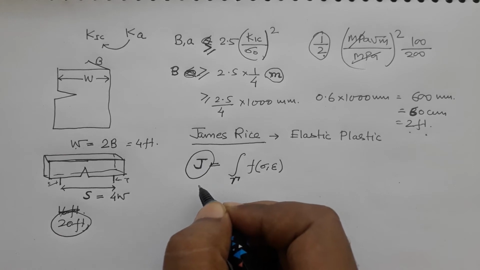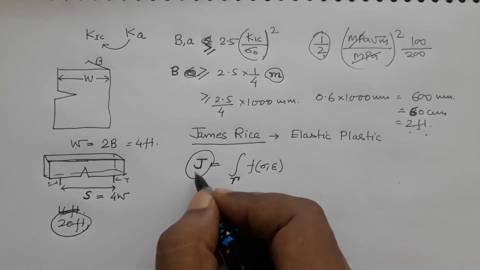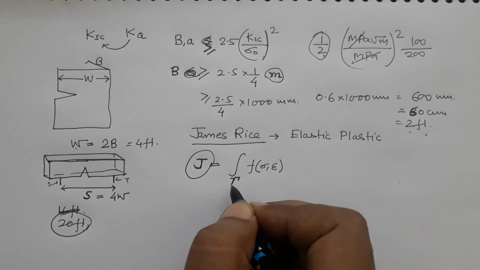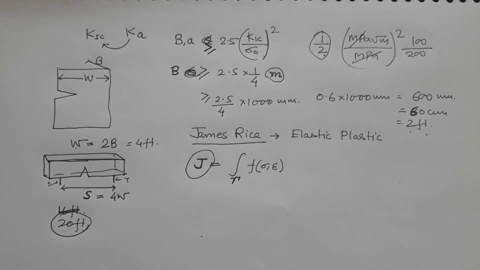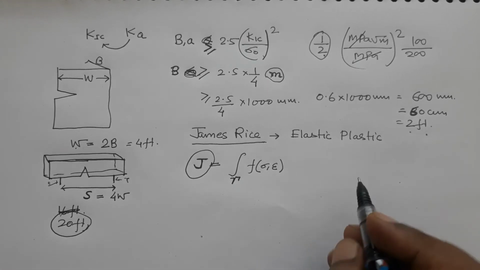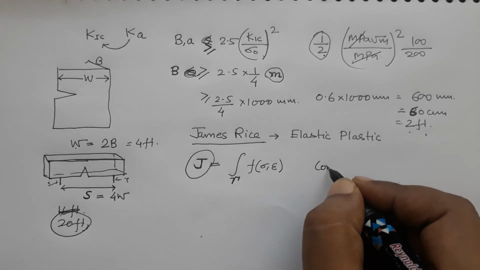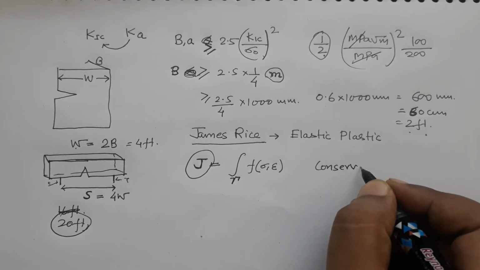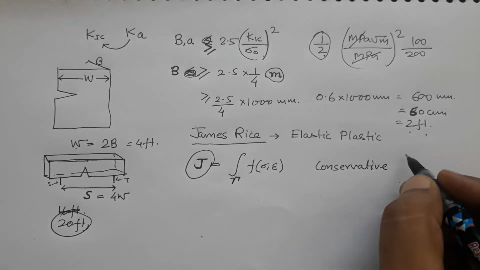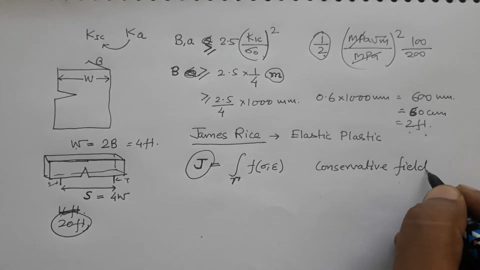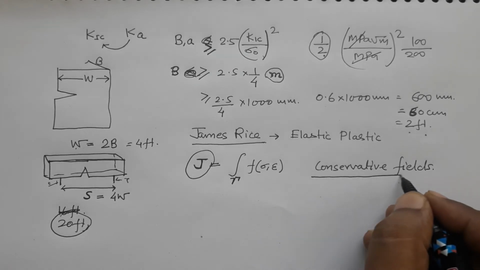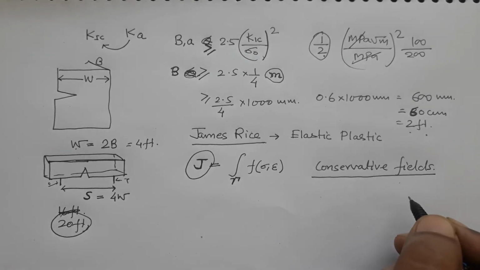The question is, why do we have to take this, and why integration and all those things? We will deal with all those questions. But before going there, we must understand something, that when there is a conservative field in physics, conservative fields usually are those fields which do not depend upon the path taken.